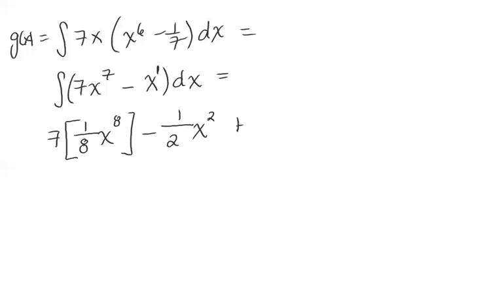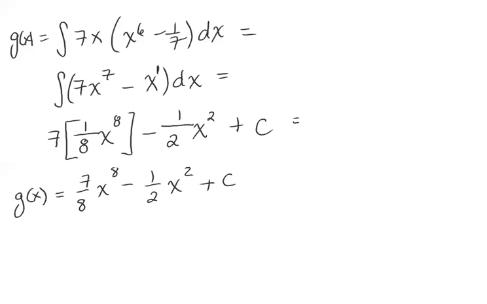And that is all, plus that arbitrary constant c. I'm going to simplify this. This is equal to 7/8 x to the 8th minus 1/2 x squared plus c. And that's equal to g of x. That much I know just from my knowledge of antiderivatives.